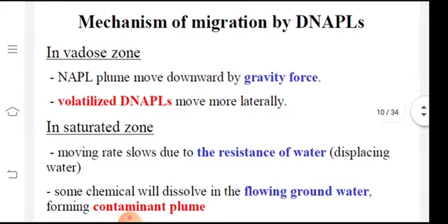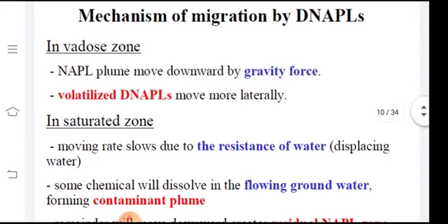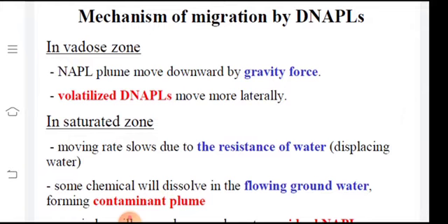So let's assume that in a solution there is water as a solvent, and we are adding this DNAPL. What kind of behavior will it show? It will have higher density and higher specific gravity, so it will immediately settle down to the bottom of the solution and of the container. This is the typical behavior which will take place.